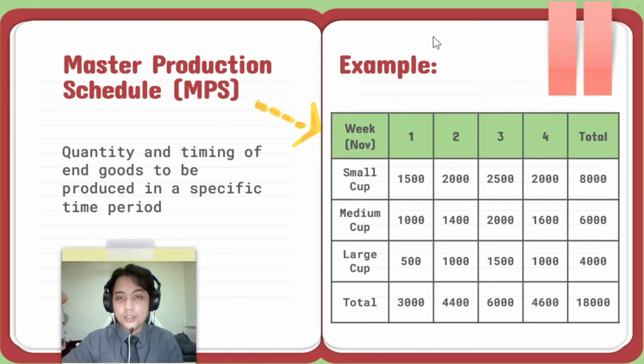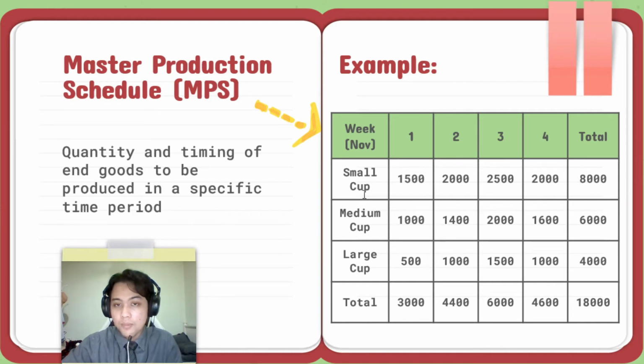Let me show a simple example of MPS. Let's say a company manufactures cups. This MPS will tell us how many cups should be produced in the form of a table. It shows the quantity of production of each different type of cup that needs to be produced for the month of November for each week.